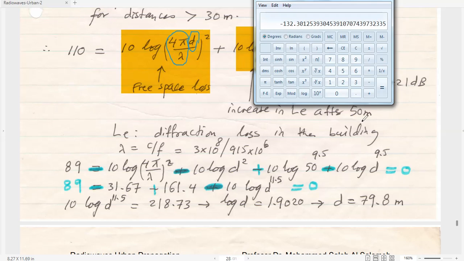Lambda is equal to C over F, so F will be in the numerator: 4 times pi times the frequency, 915 megahertz, divided by the speed of light, 3 times 10 to 8 meter per second. We take the log of this and multiply by 20.